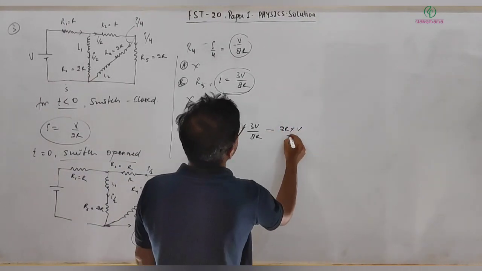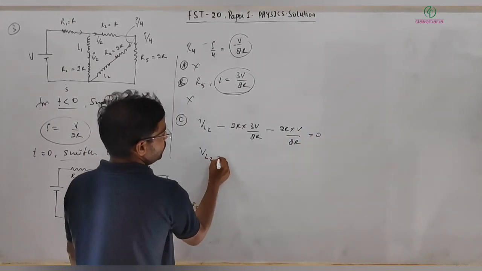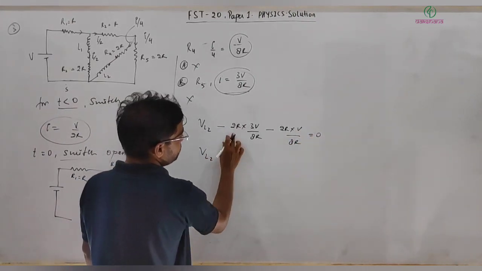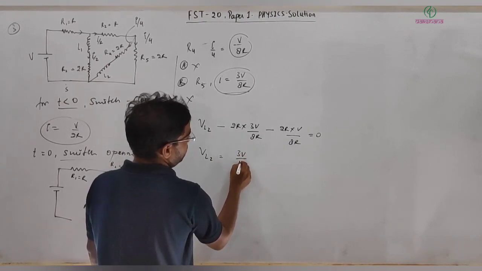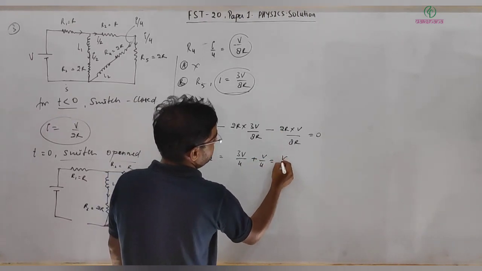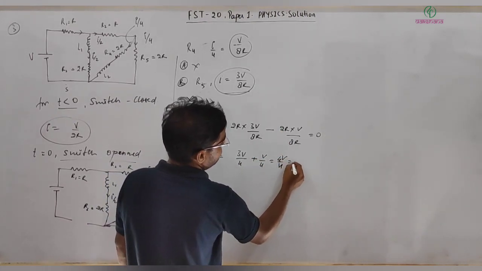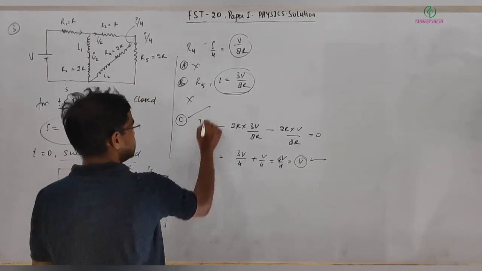R4 is V by 8R, equal to 0. So V L2 is coming out to be 3V by 4 plus V by 4, that is 4V by 4, and that comes out to be V. So this option, yes, it matches, so C is the correct option.